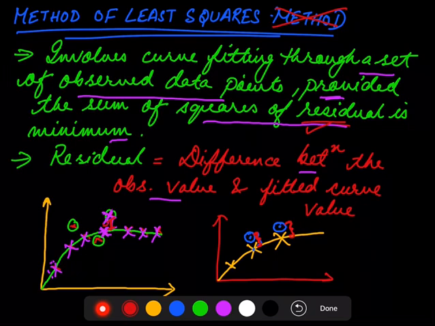So this is what the least squares method is. It's not required to learn in detail, but at least you should know how things are in the method of least squares.